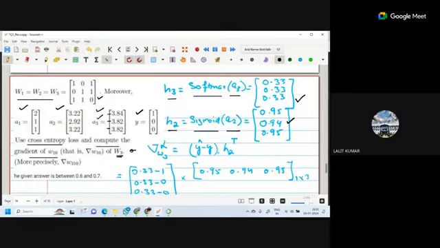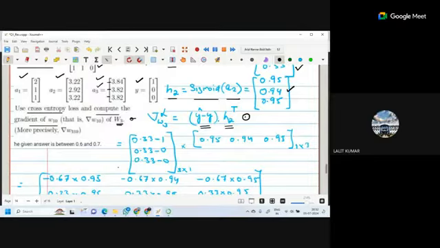Then, as I just covered during backpropagation, the gradient of loss with respect to W3 will be (y hat minus y) into H2 transpose. H3 is y hat. So y hat minus y is 0.33 minus 1 here, and the transpose of H2 I've calculated.